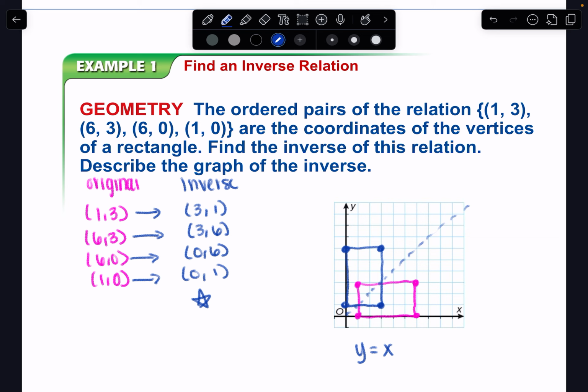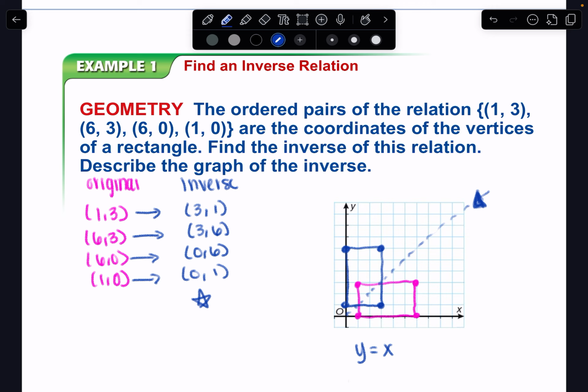So you can describe by drawing a line on your graph that shows where the reflection happened, which would be this line right here. Or you can write out, and it doesn't have to be a complete sentence, that it started on the x-axis and then reflected to the y-axis. The easier way to say that is that x and y are equal to each other.